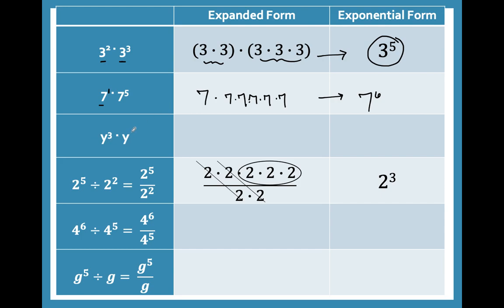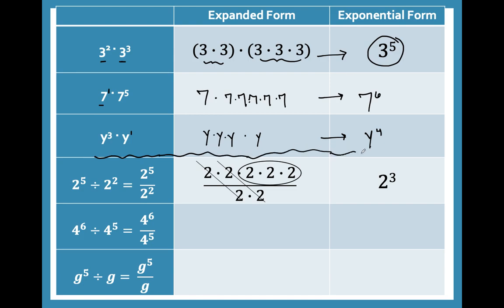Let's try one more multiplication: y to the third times y to the first. Again, this works also with letters, not just numbers. So y to the third is y times y times y, times y to the first, which is just y, and then we could combine that into y to the fourth power. Those are a couple examples for multiplication.